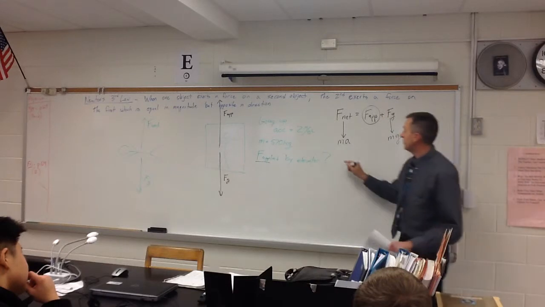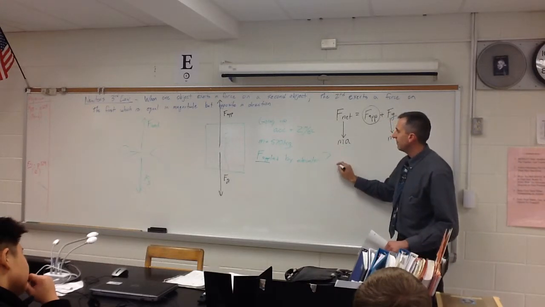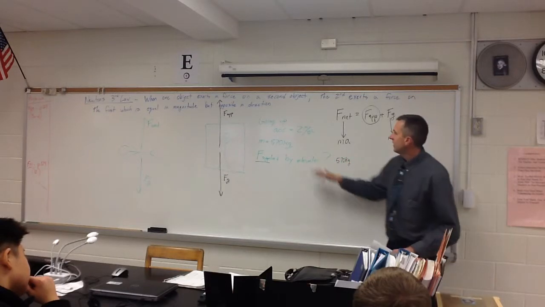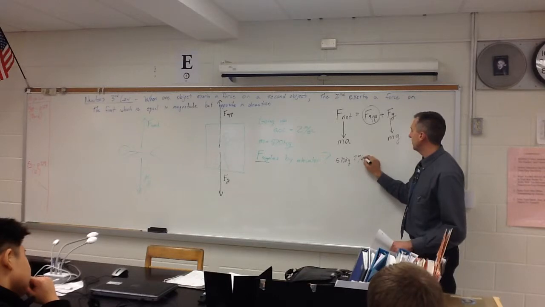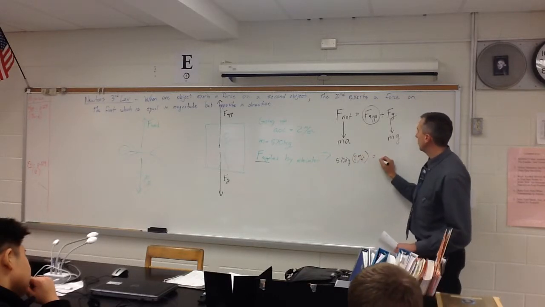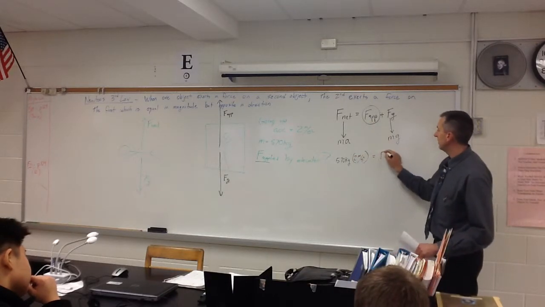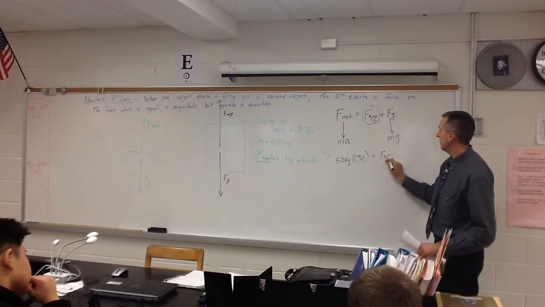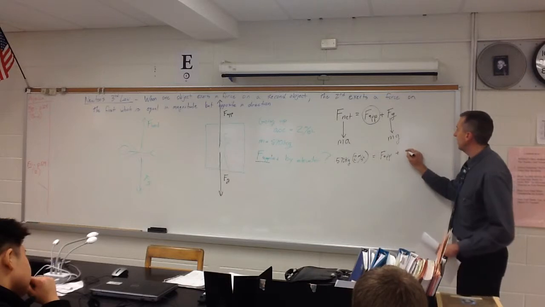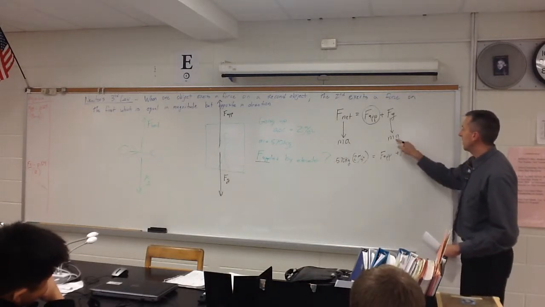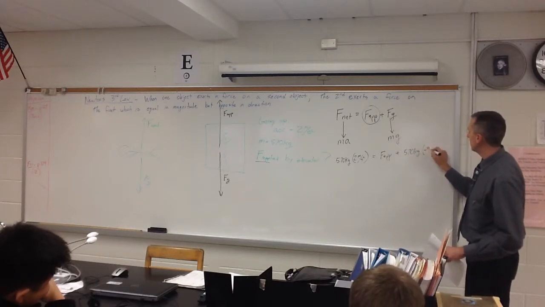Because watch, all we have to do is we say, on this side, the mass, which is 570 kilograms, times the acceleration, which is 2 meters per second squared, is equal to the one I don't know, the F applied, plus the mass, which is 570, times gravity, which is a negative 9.81.